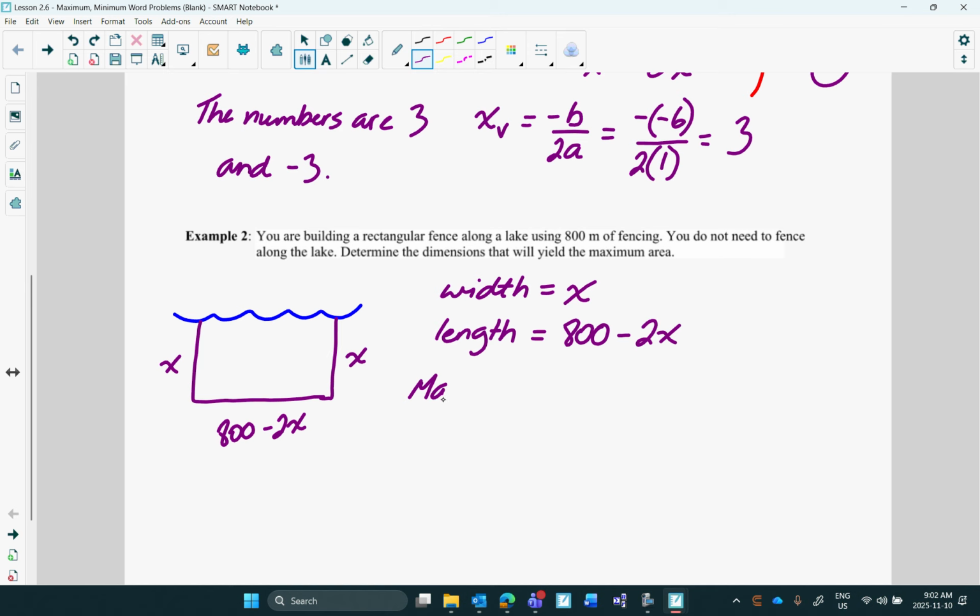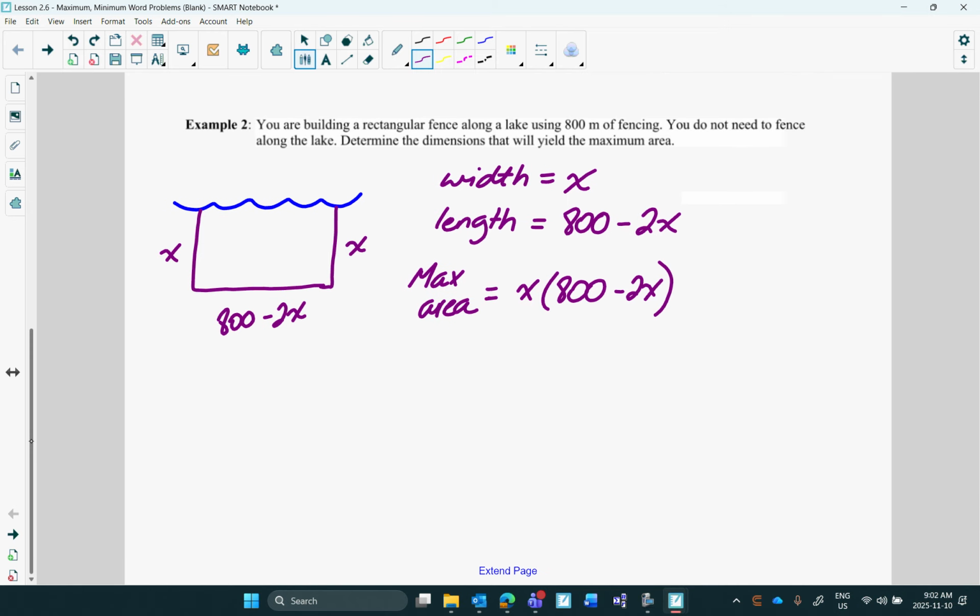So the maximum area, you can always write this, equals width times length, or length times width. Doesn't matter which. So we're going to do this. Well, before we can use the x vertex formula, we've got to put it in proper form.